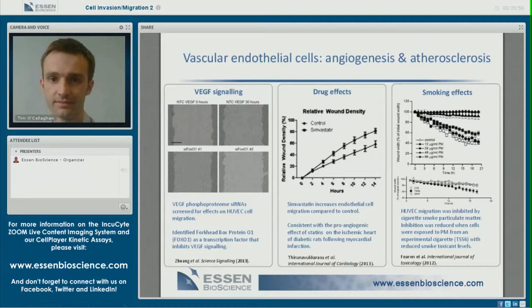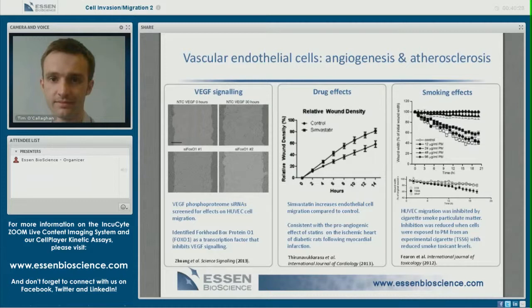They actually went further and used Essen BioScience's co-culture model of angiogenesis to further validate VEGF signaling mediators of angiogenesis. The central panel here, from research from the University of Connecticut, showed that simvastatin, a statin compound, increases endothelial cell migration compared to a control.